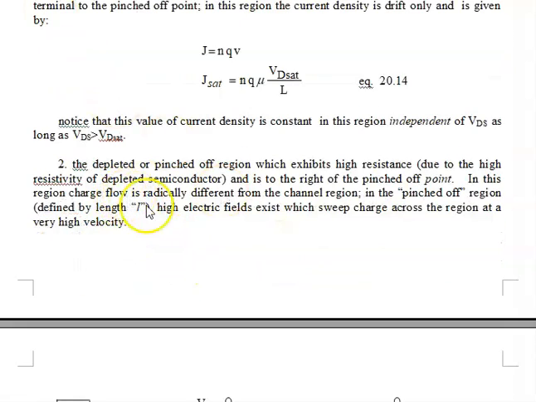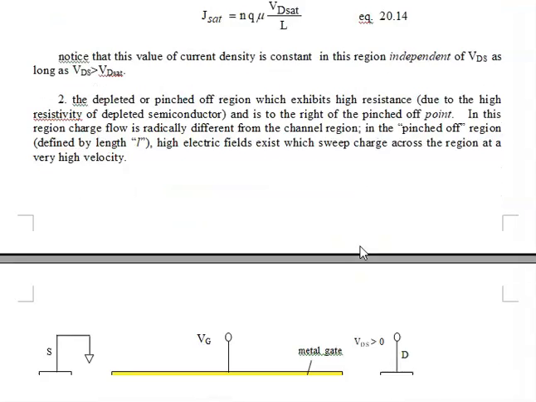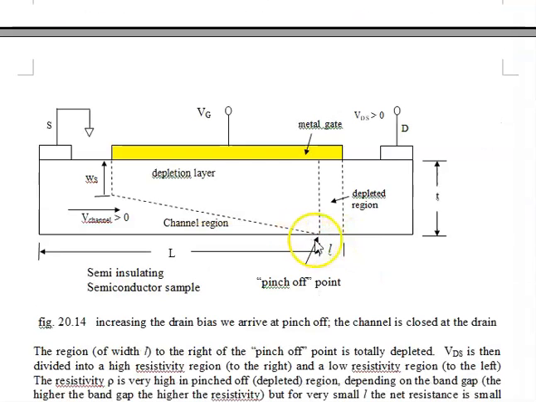And what we're saying here is that we have a high resistance area of the channel right around the drain region, and that region is pinched off. And that is what is shown here.